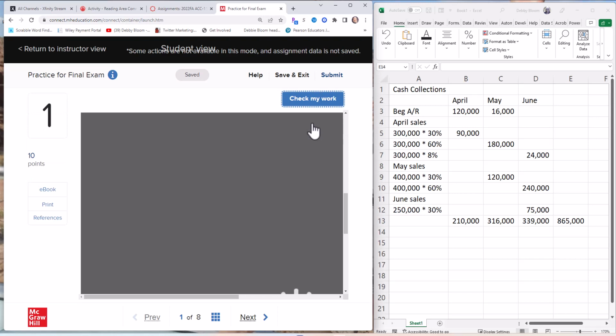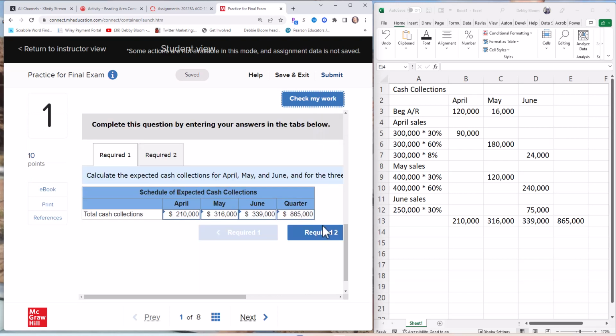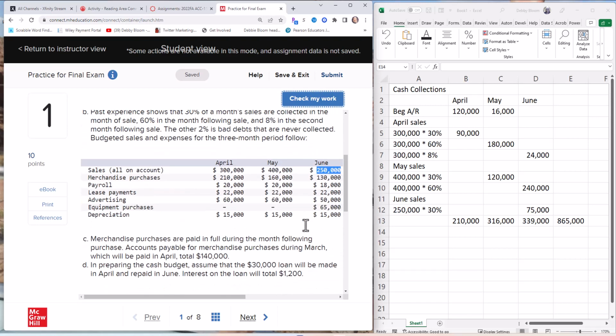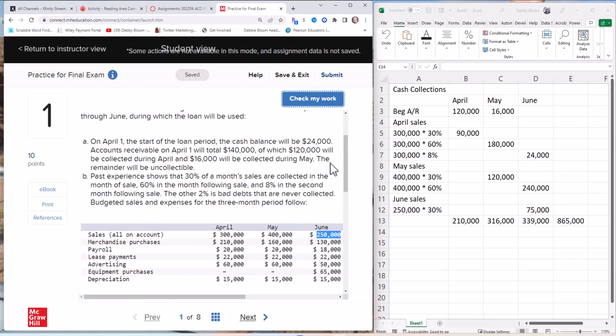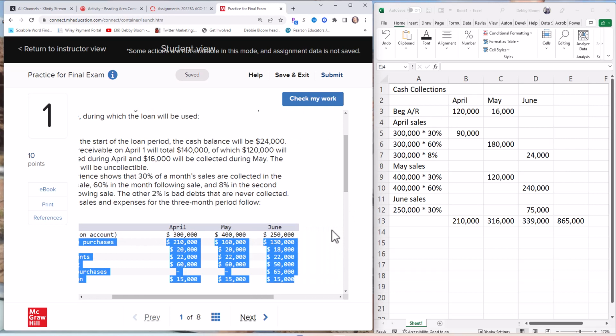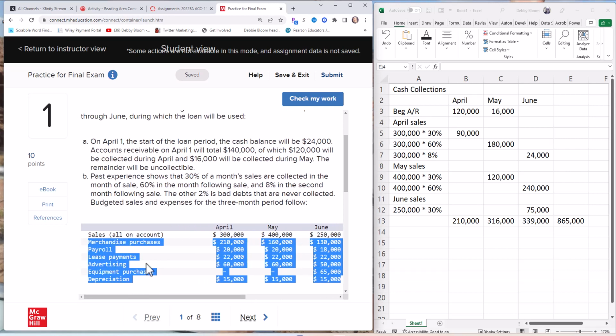Requirement 2 is asking us to prepare a cash budget. Believe it or not, we have quite a bit of the cash budget already. So now the next thing that we're going to have to do is cash payments for the merchandise purchases. So we'll do that similar to the cash collections.